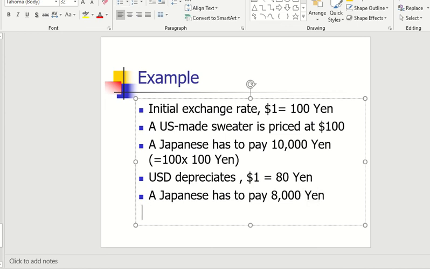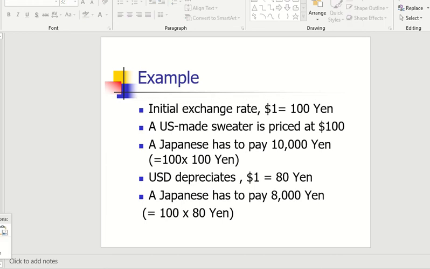So do a little bit of a calculation here. $100 converted into yen, that will be 8,000. So for an American, obviously the sweater costs the same. The sweater will still cost $100 for an American. But for a Japanese, now it is cheaper. The same sweater now is cheaper.